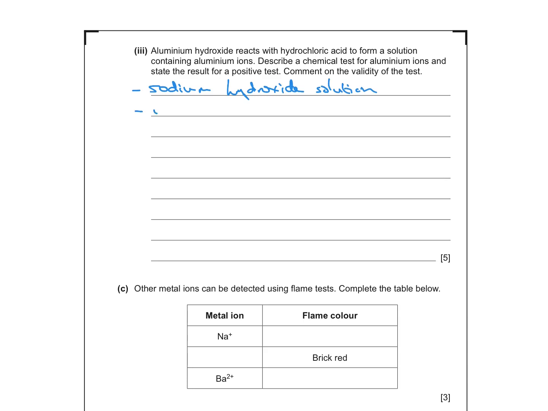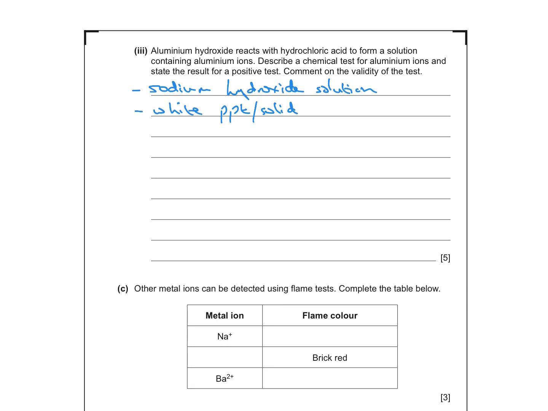And that will give us a white precipitate. I'm just going to put in PPT, or you could say solid. And precipitate just means a solid that forms in a liquid during a reaction. Now, aluminium ions are not the only ions that produce a white precipitate with sodium hydroxide solution. Zinc and magnesium will also do that.